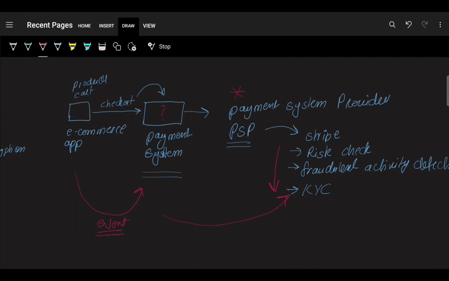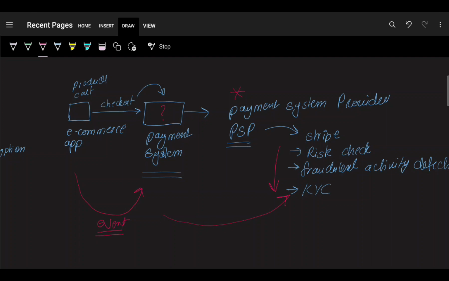So designing a whole payment system is basically just about this: how you make sure that your event is not lost, that your event is properly stored within your database, that your event does not fail to reach the PSP.